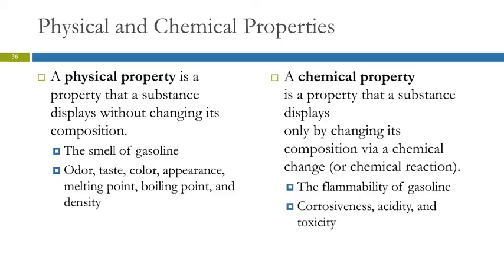When you demonstrate the chemical property that gasoline is flammable, you have to burn the gasoline, and now it's not gasoline anymore. Corrosiveness, acidity, toxicity, those sorts of things are chemical properties. Any questions?